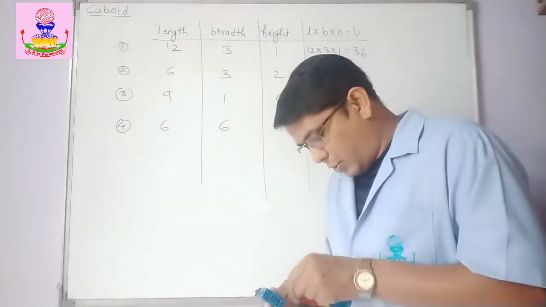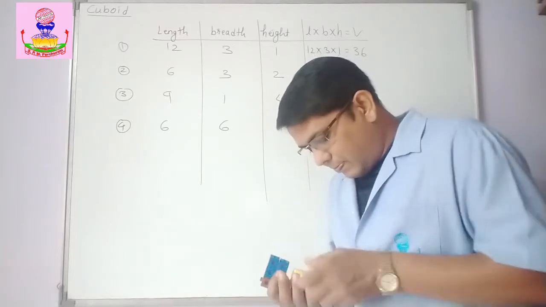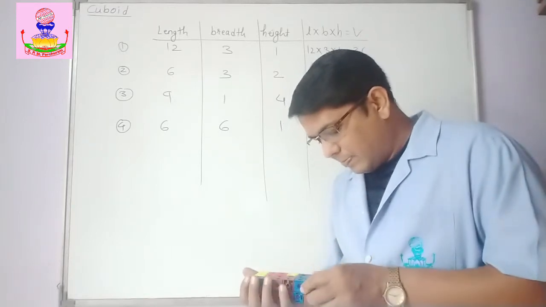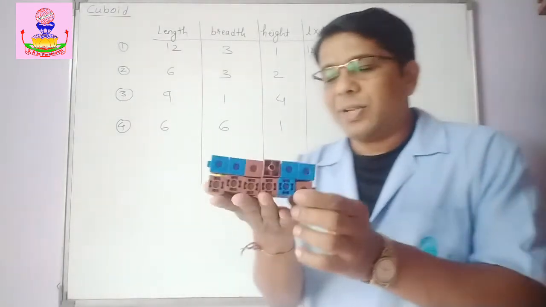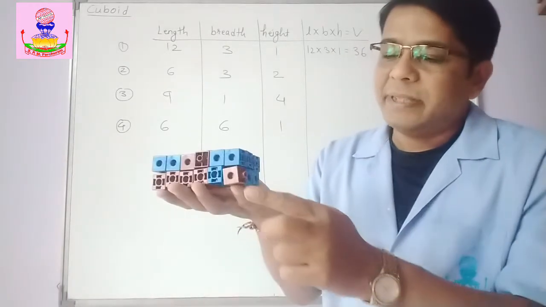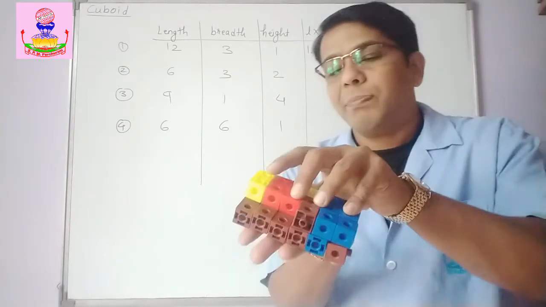Sorry, not breadth, height is 2. So now you can see, length is 6, breadth is 3 and height is 2.